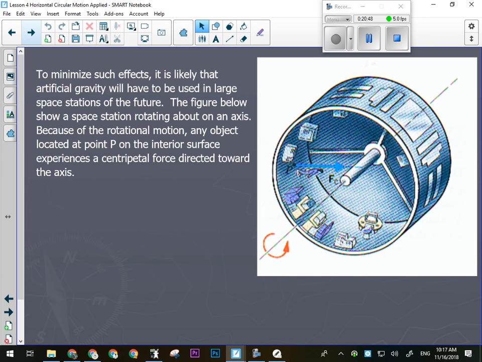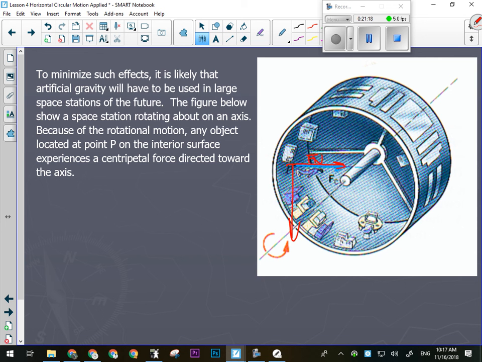That can be a problem as well. All right, so the way to get around that is to create a spinning drum. Okay, make a space station, or at least part of it, or part of the ship that is a spinning drum. Okay, the occupants would stand, kind of on the inside here, and it would spin this way. So their inertia wants them to do this, but the floor of the drum prevents it and pushes them back towards the center using reactive normal force.